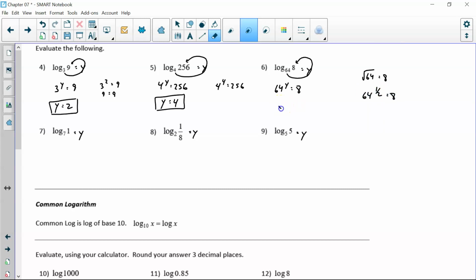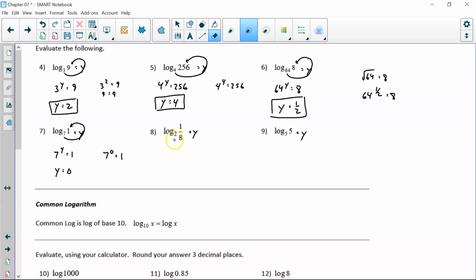So our missing exponent, our value for y, is going to be 1/2. 7 to the y equals 1. Now, the only way to get from a whole number or any number to 1 is if your exponent is 0. So y is 0.